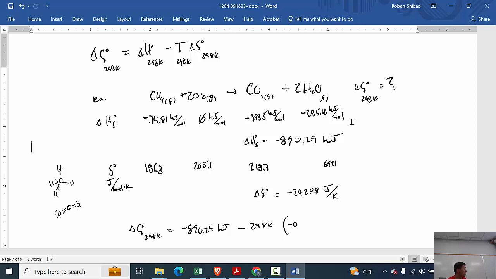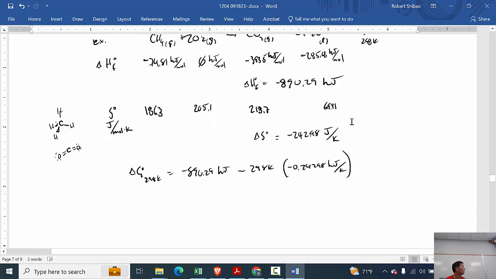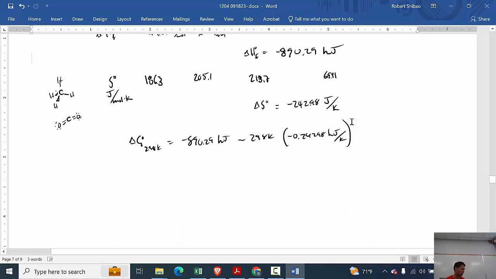And so I'll just move the decimal 3 over, 0.24298 kilojoules per Kelvin, times 298, plus 817.